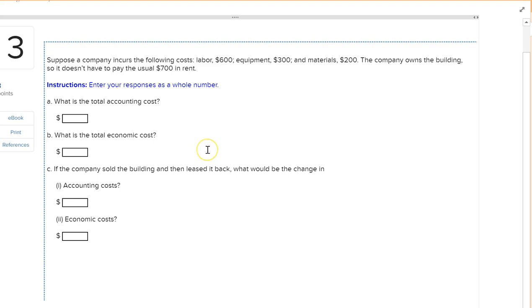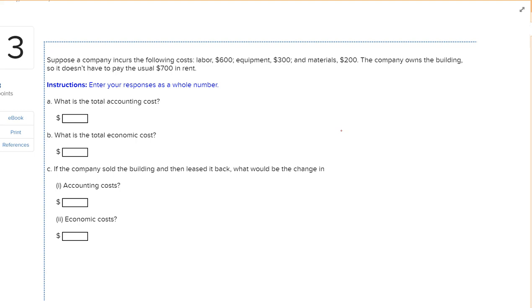Again, I'll go through the material, make sure you understand the concepts, and then this application becomes pretty simple. So in this case, suppose that a company incurs the following costs, and they give you labor, equipment, and materials. The company owns the building, so it doesn't have to pay the usual $700 in rent. So accounting costs.